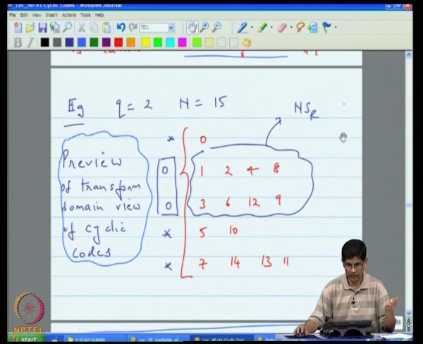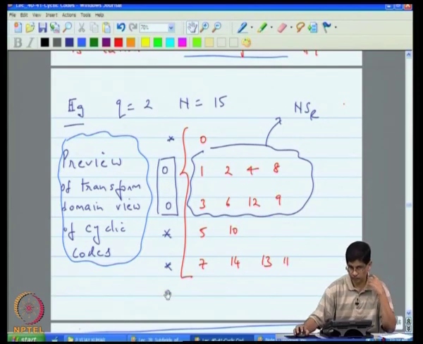Then you organize the frequencies according to these q cyclotomic cosets mod n, and then you pick a closed set as the union of certain of these cyclotomic cosets. For example, you might pick the union of these two, and then you say I am going to insist that my code words have transform value equal to 0 on these elements, and outside these I do not care.